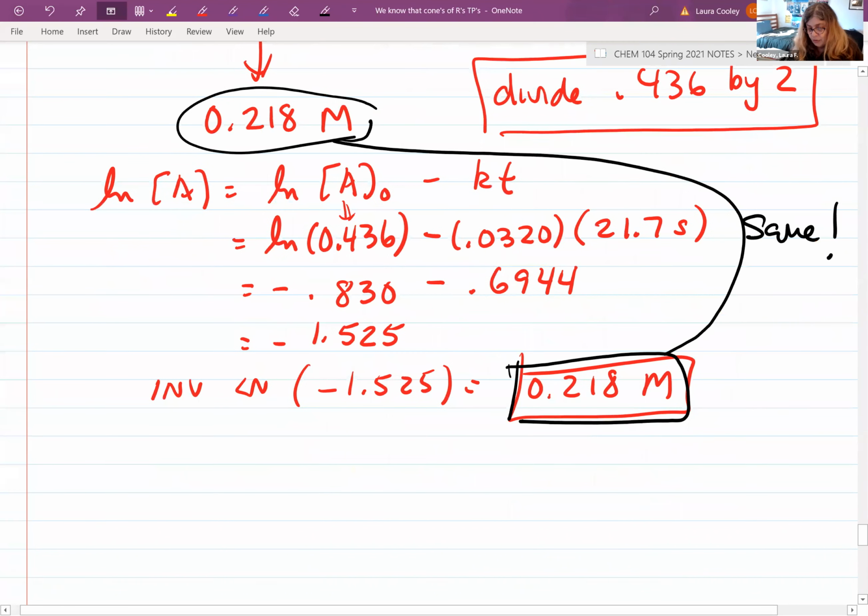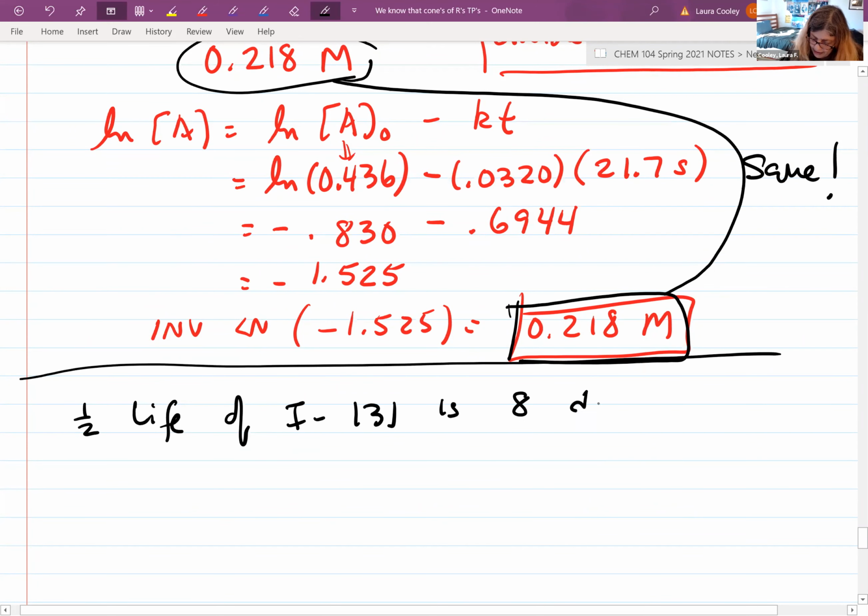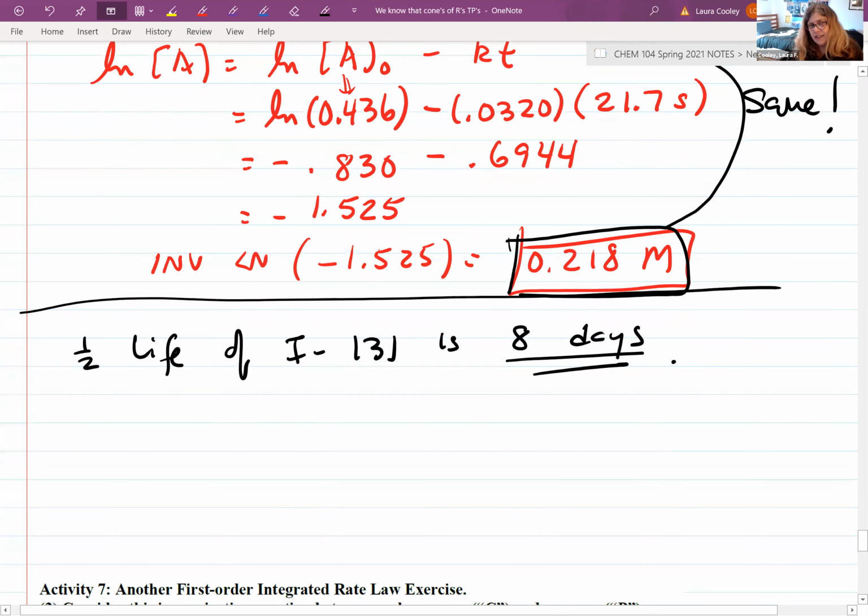So getting back to the radioactive iodine. The half-life of iodine 131 is 8 days. So whatever dose I took, 8 days later, it was half. And then 8 days more later, it was half again.